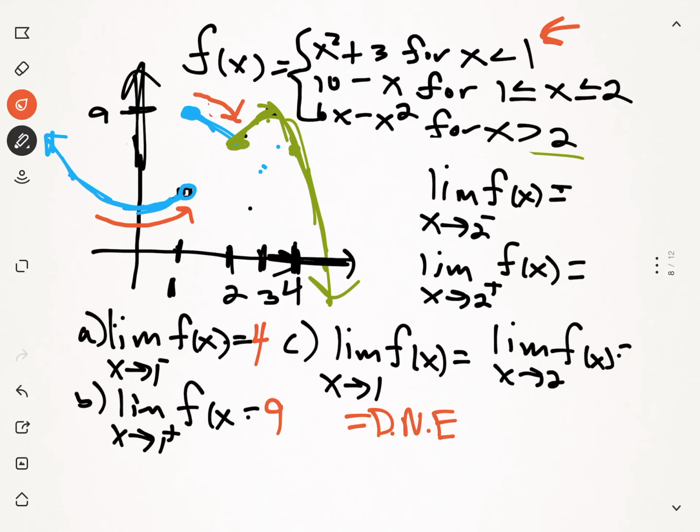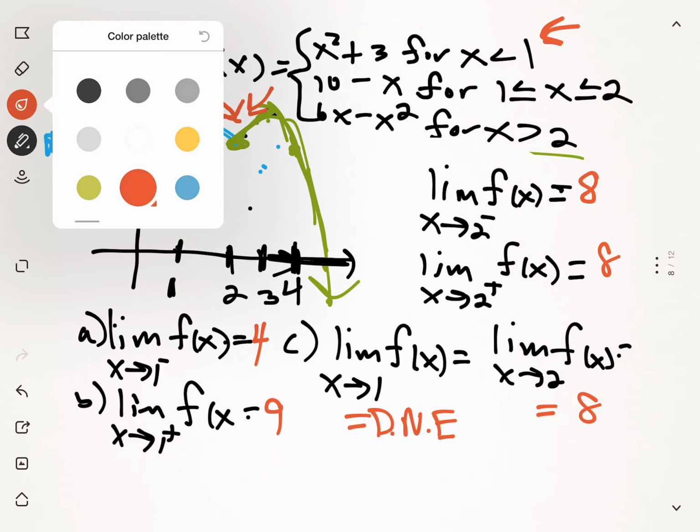So if I approach 2 from the left, I ask myself, when x is 2, what is y? And we saw that it was 8. 2 from the right, this way we get an 8. So here our answer is 8 also.